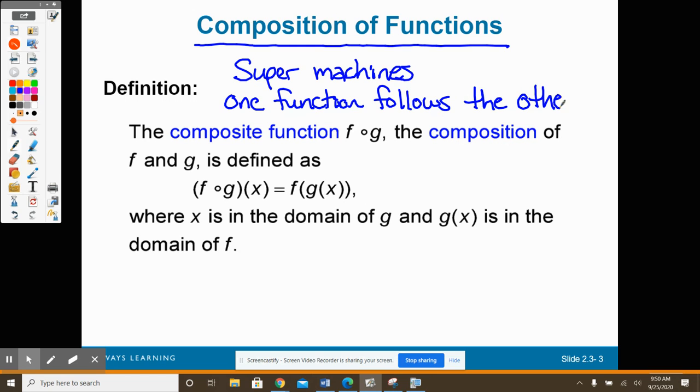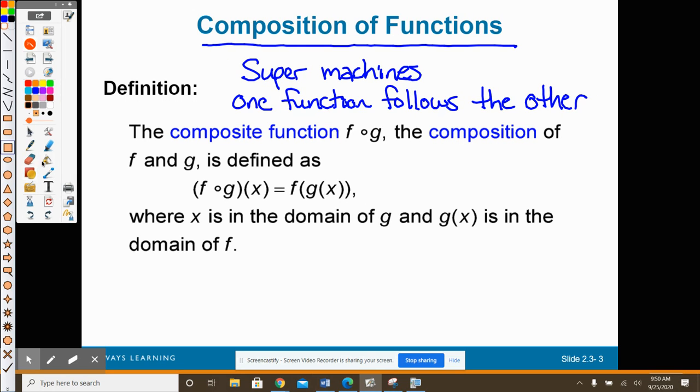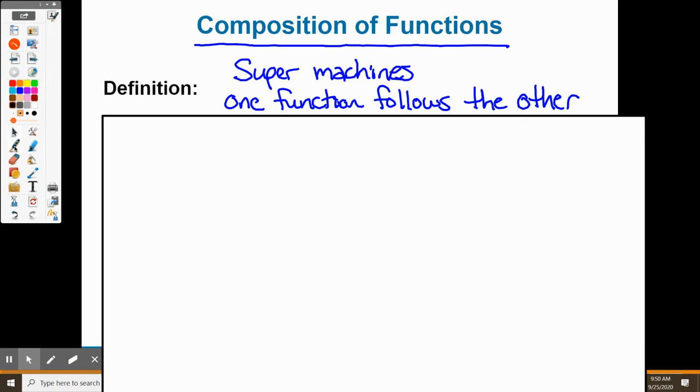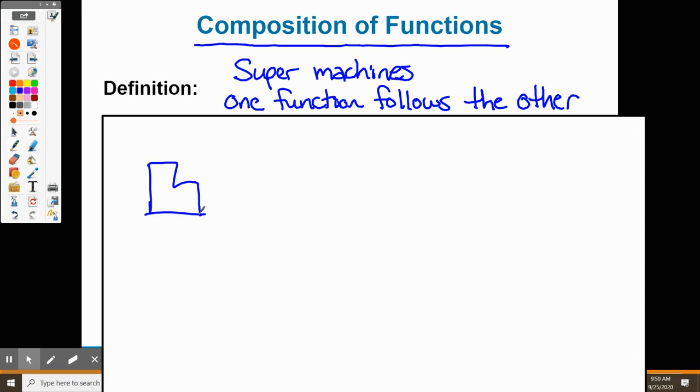And what this looks like with the machines is that you do a function f, and then right out of f, it falls right into another function, g, and then if you plug 2 in, something happens, and maybe a 5 shoots out, and then something happens, and then a 12 shoots out.